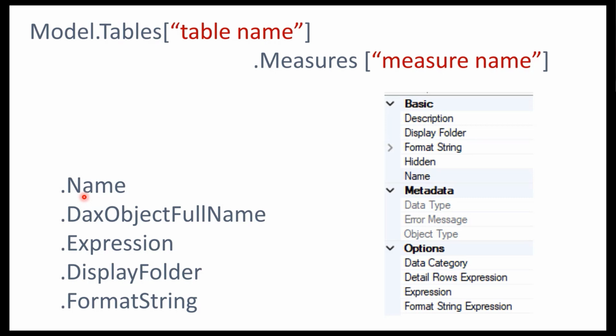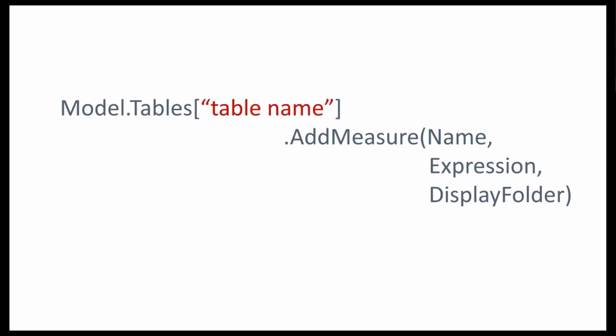So, for example, we have the table and the measure in it. I have an example here, but I put another visual on it. So I will show you this in Tabular Editor afterwards.